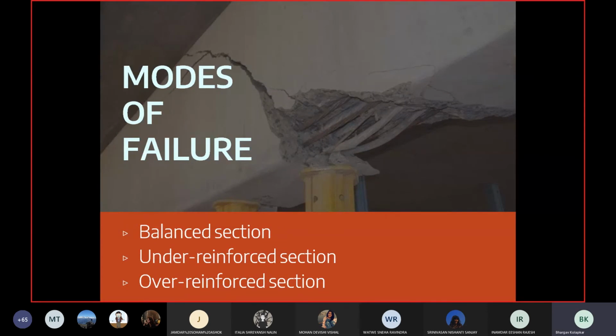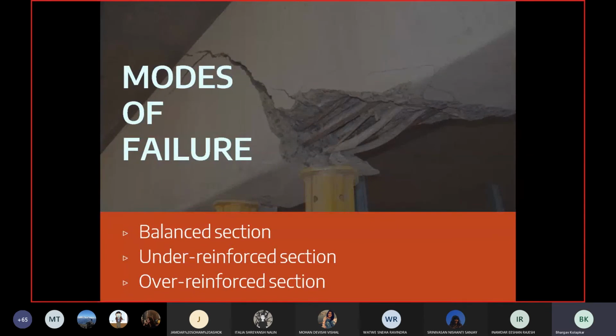The moment the maximum tensile stress reaches 4 megapascals, concrete starts cracking, because concrete is a brittle material. Whenever it reaches the ultimate tensile strain or ultimate compressive strain, in case of ultimate tensile strain, it starts cracking. Please understand the difference between cracking and crushing. Concrete cracks in tension and concrete crushes in compression. So whenever the value of stress increases beyond 4 megapascals, it will start cracking in tension.